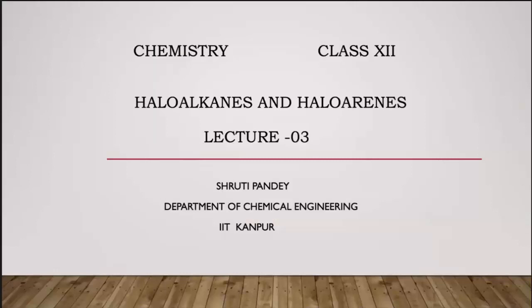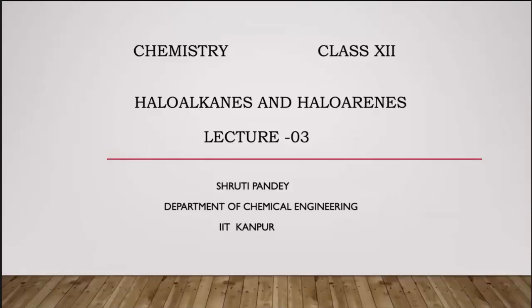So in the previous lecture, we discussed the nature of the carbon-halogen bond, related to the electronegativity property: the carbon-halogen bond is always polarized because of the separation of charges. We also discussed the bond length of the carbon-halogen bond depending upon the type of halogen.